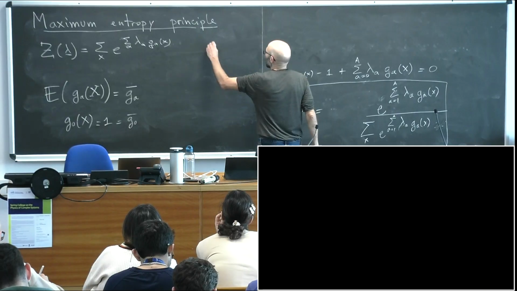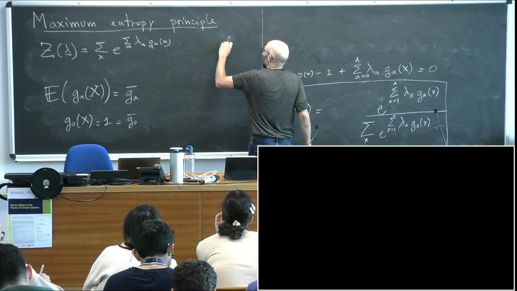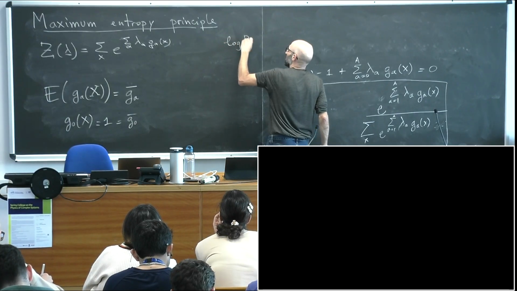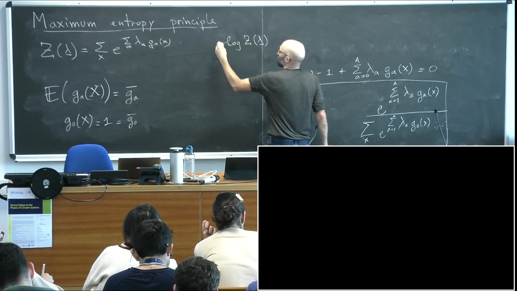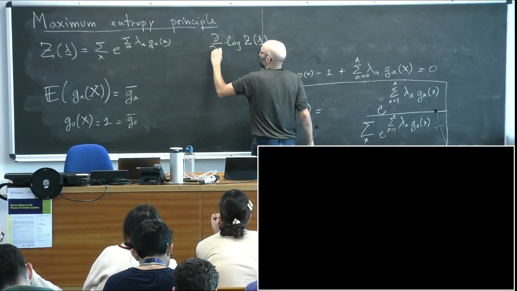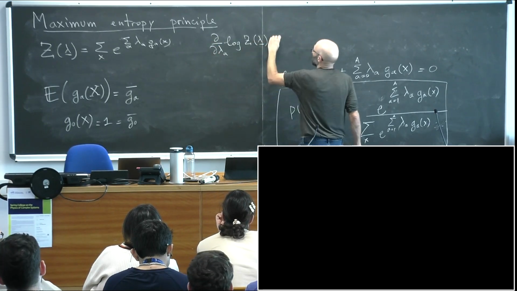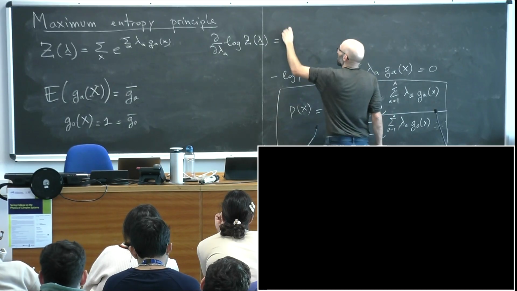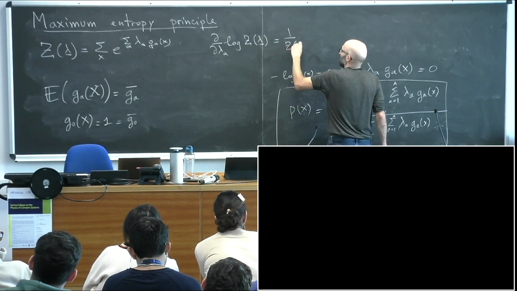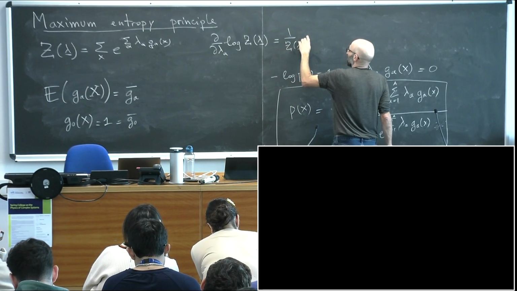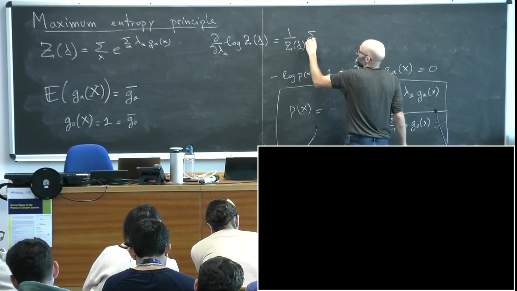What does it mean? If I take the logarithm of Z and do the derivative with respect to one of the lambda, this is going to be 1 over Z times the sum over x.